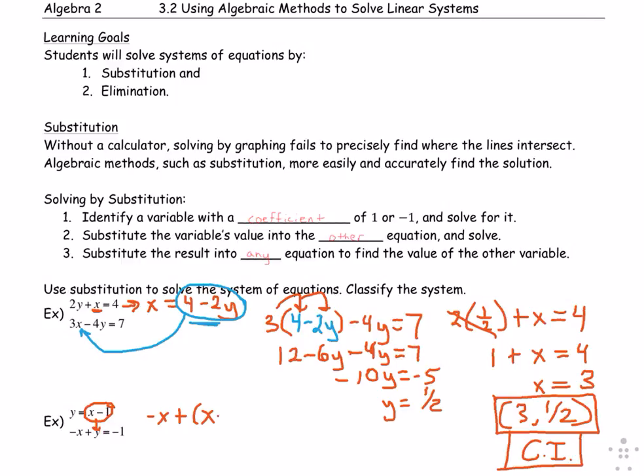When I substitute in, I like to do so using parentheses, just in case there's anything on the outside to distribute. Combining like terms, okay, the parentheses aren't needed here, so this additive inverse pair cancels, and I find that I have an identity, and that means I have infinitely many solutions.